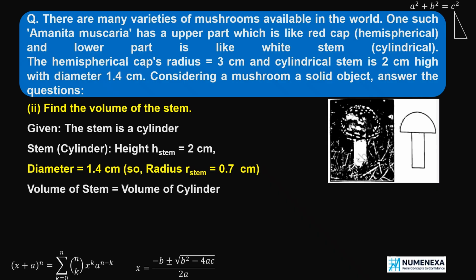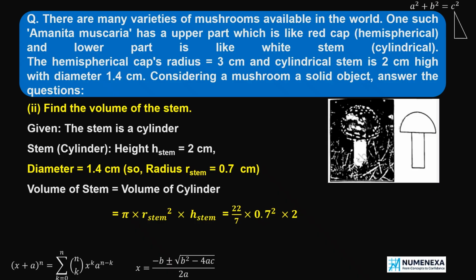So the volume of stem is pi r stem square h stem, where r stem is the radius of the stem and h stem is the height of the stem.